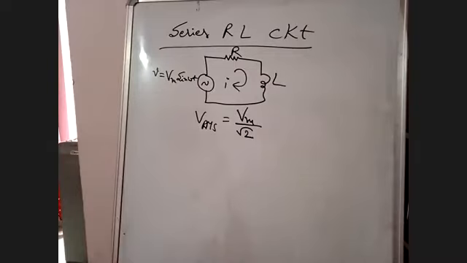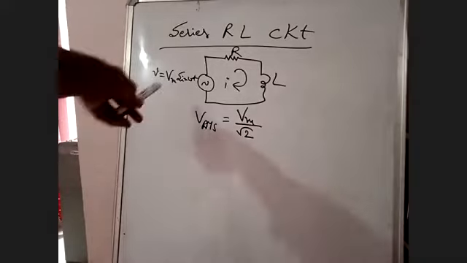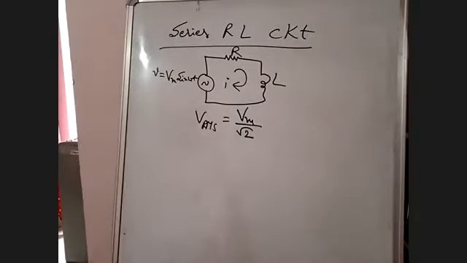So we'll use this formula in the problems for calculating the RMS voltage, because Vm is given. If we divide Vm by root 2, we'll get the RMS voltage.